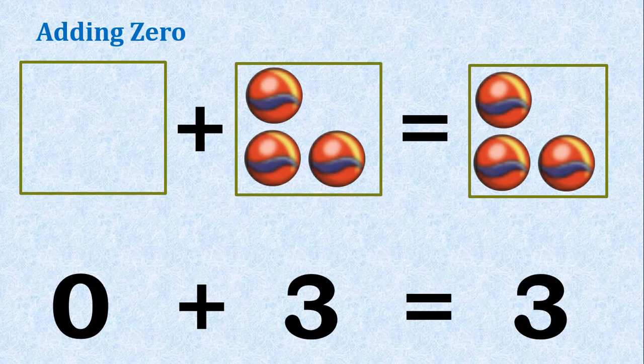That means when we add any number to 0, the value of the number will not change or the number remains the same. Either you add 0 to a number or any number to 0, the number remains the same. That means addition of 0 with any number will not change the value of the number.